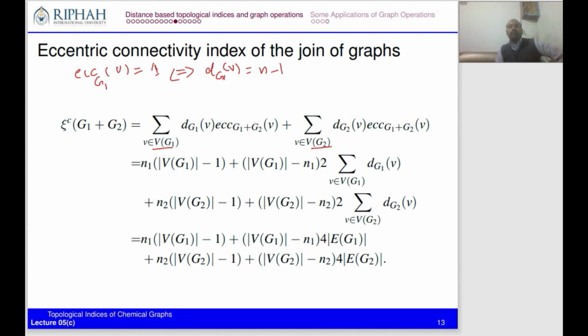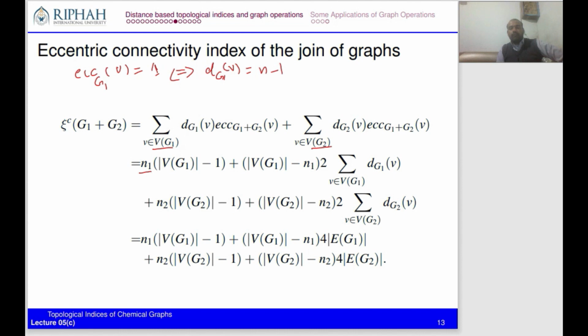In other words, a vertex has eccentricity 1 if it is adjacent to all other vertices of a graph G. So the degree is n minus 1. Here we notice that n1 is the number of vertices with eccentricity 1, and the degree is given by order minus 1.